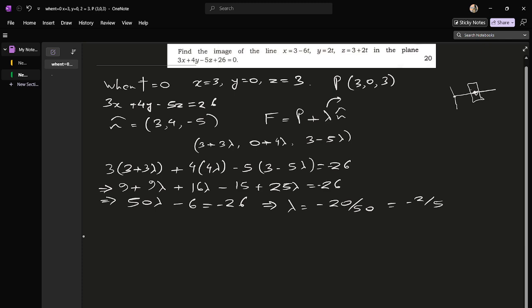Now the coordinates of the foot of the perpendicular, we can find by putting the value of lambda in this equation.